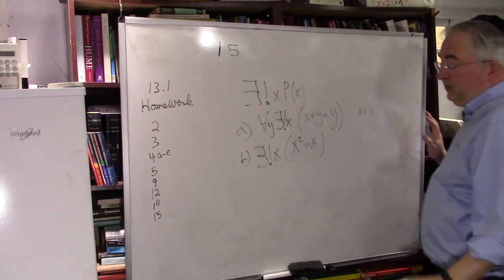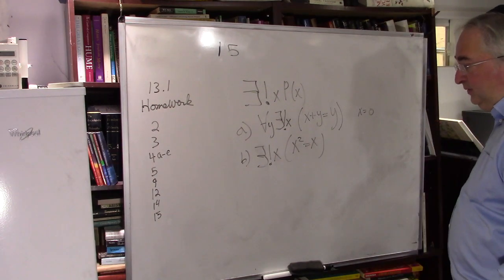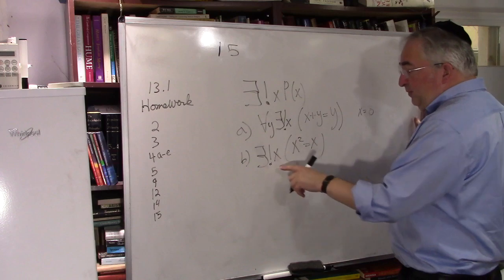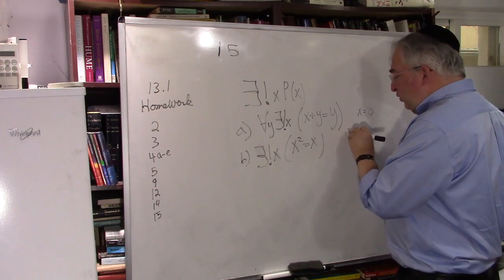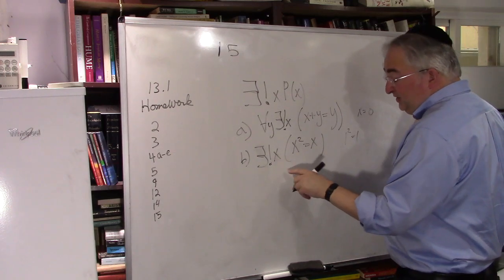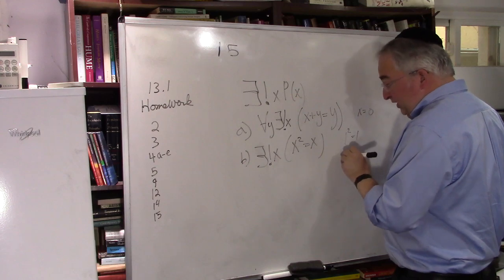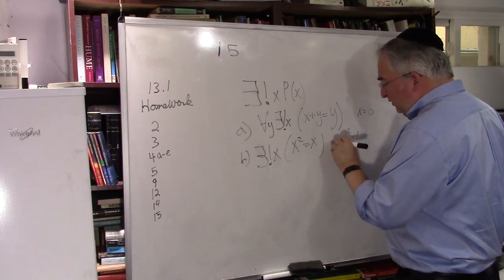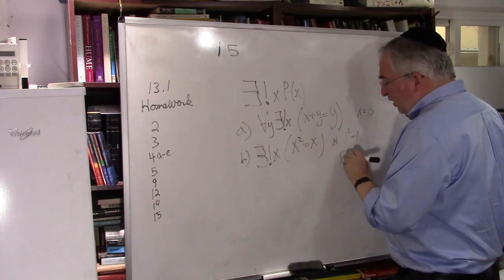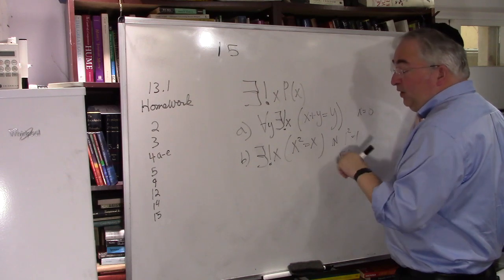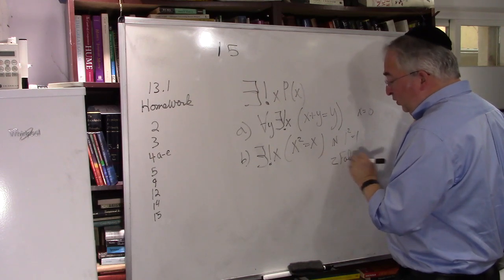Assuming it's the natural numbers, is this true? 1 squared is equal to 1. Assuming it's the integers, is it false? So for natural numbers it's true, and it's false for the integers. Why?